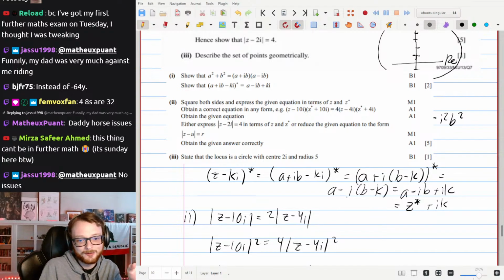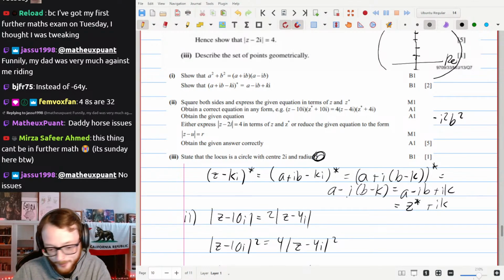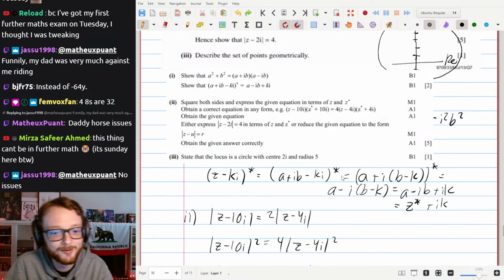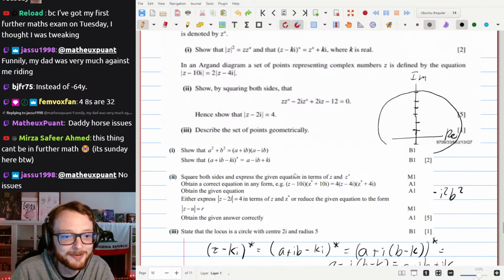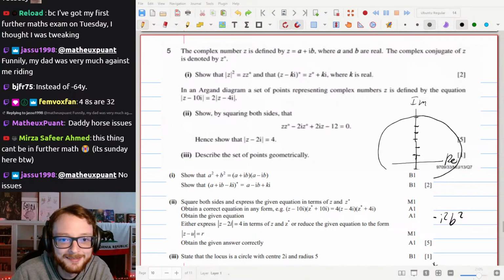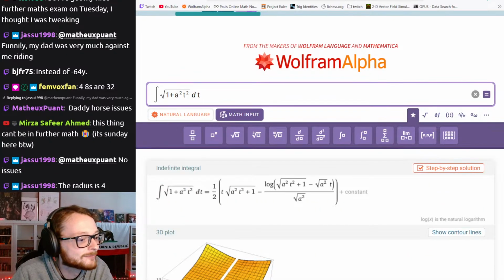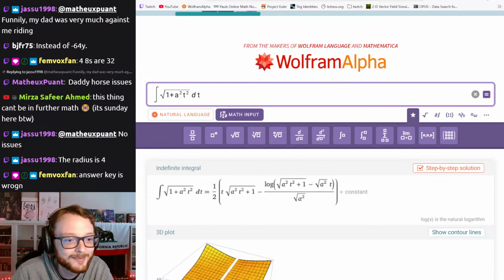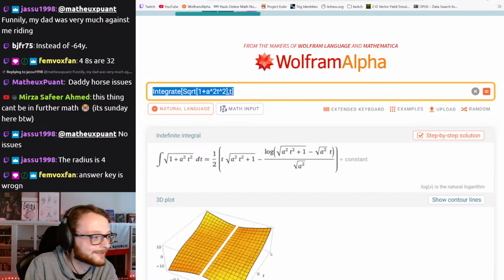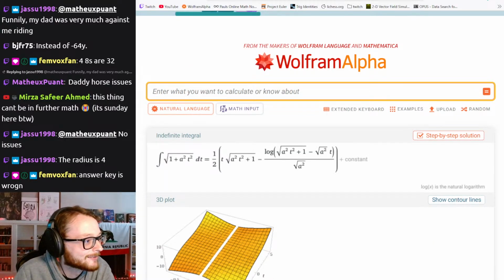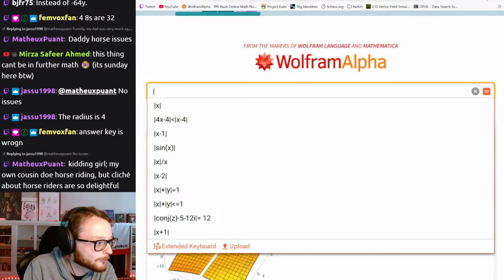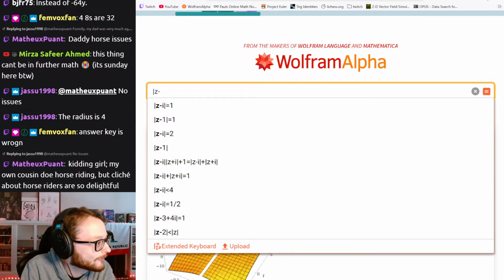It's gonna haunt me. Can Wolfram Alpha solve this? I want Wolfram Alpha to solve this. I don't like that the answer key says 5. Our Lord and Savior, Wolfram Alpha, will be the judge of this.